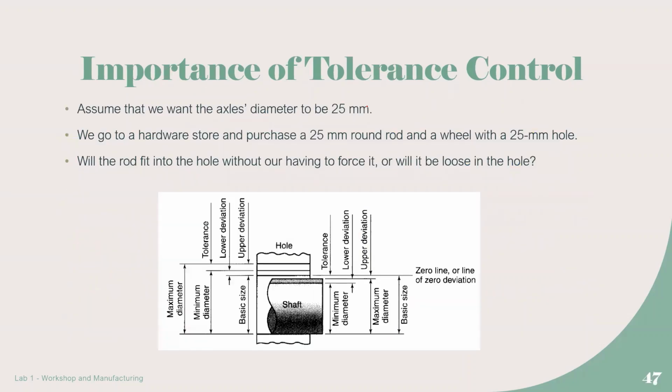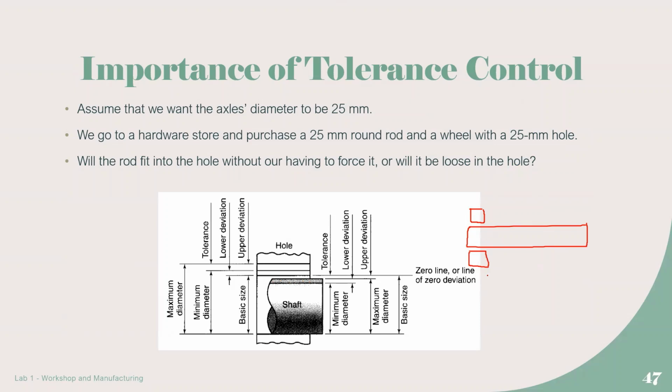For example, let's take this example. Look at this one. So you have your shaft and you have your hole. Okay, this is your shaft, and this is your hole, and you're looking at it sideways.